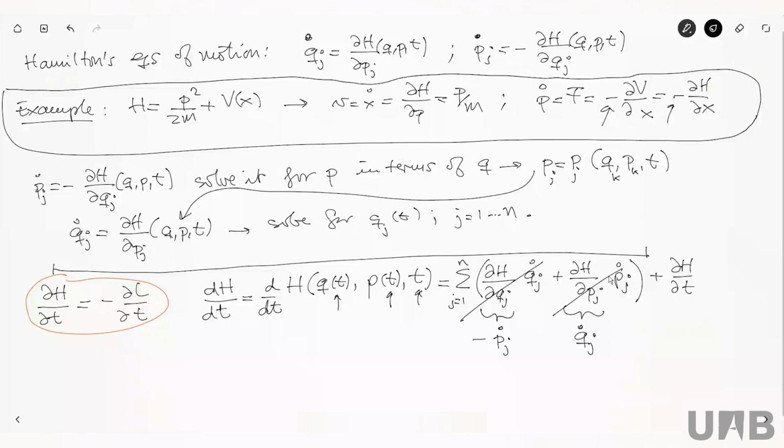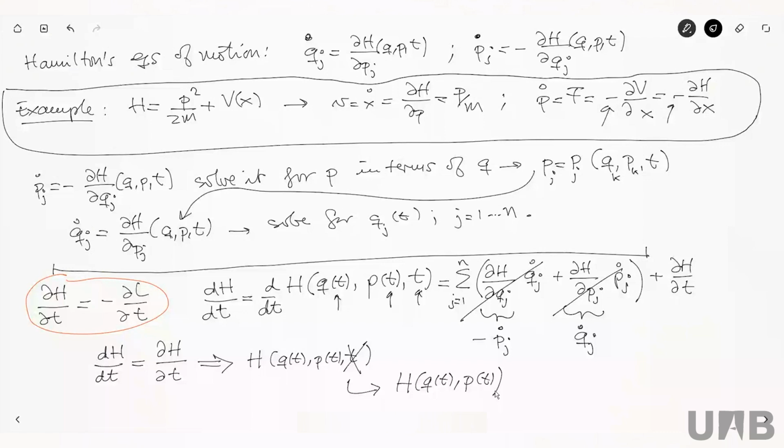And this is very interesting because it says that the total time dependence of the Hamiltonian is actually the explicit time dependence of the Hamiltonian. This is very important because it says that if your Hamiltonian, which depends on Q, P, and T, does not depend on T, then H is what? What is H?